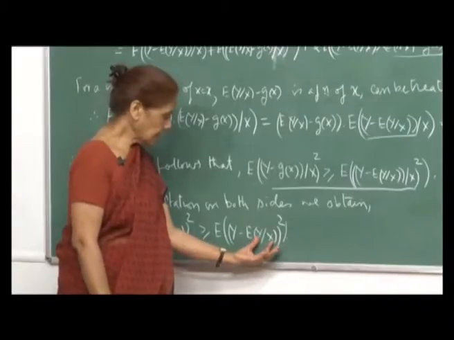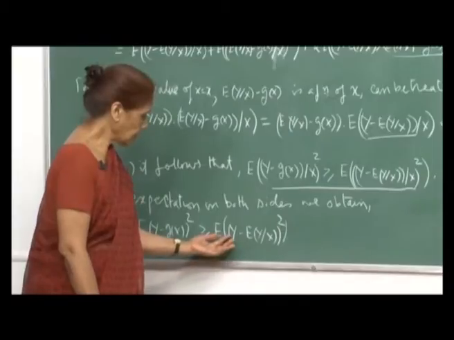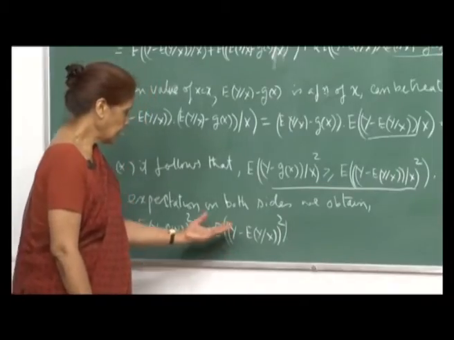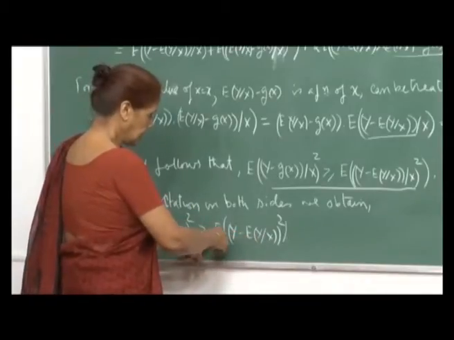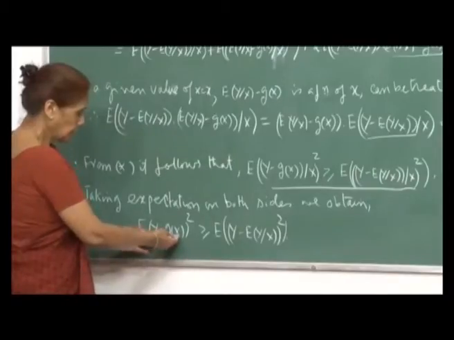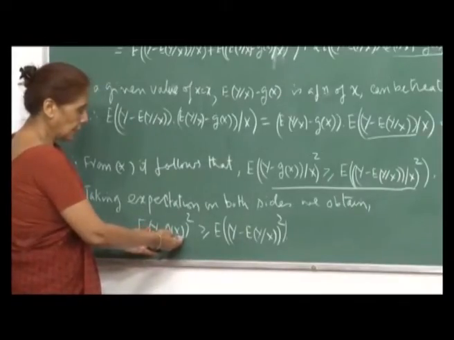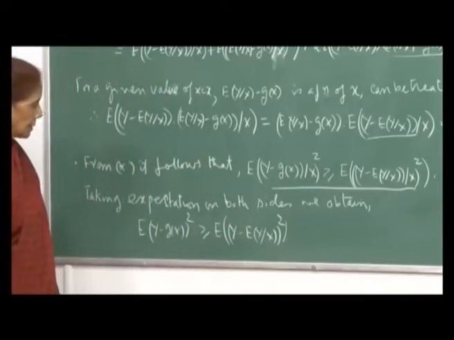In a way we are treating this as a good approximation for the value of y, and when our criterion is minimizing this expression, obviously no other function g(x) will qualify to be the best predictor except the expectation of y given x.